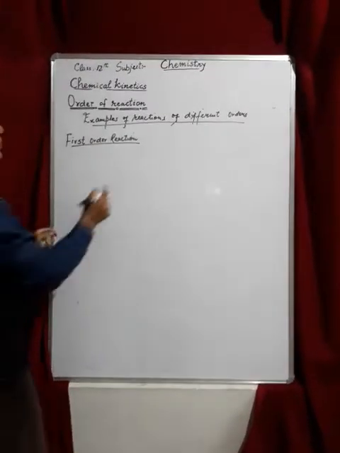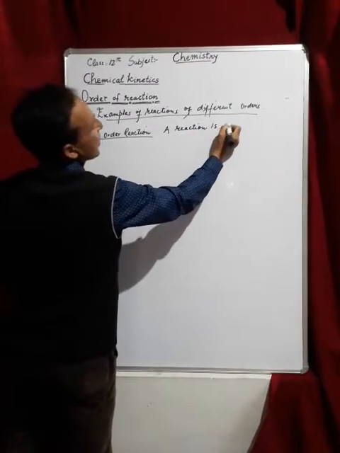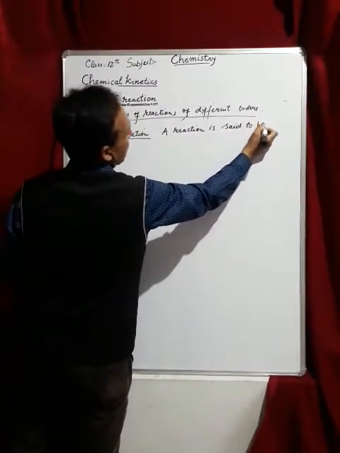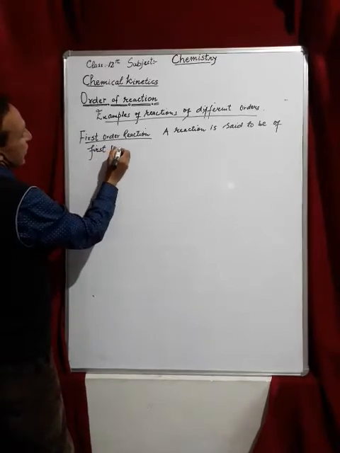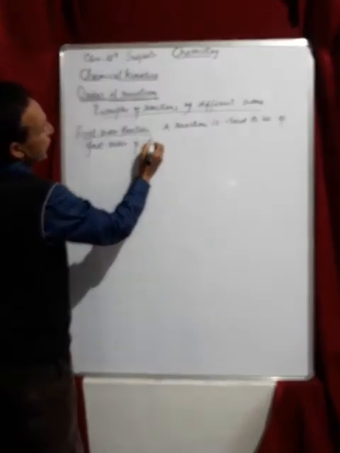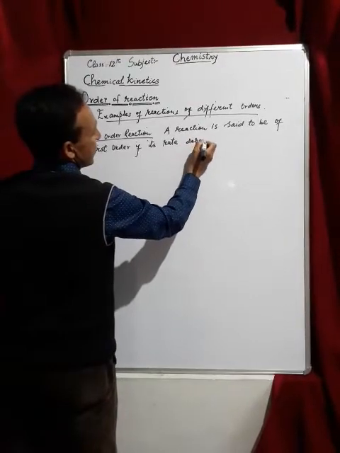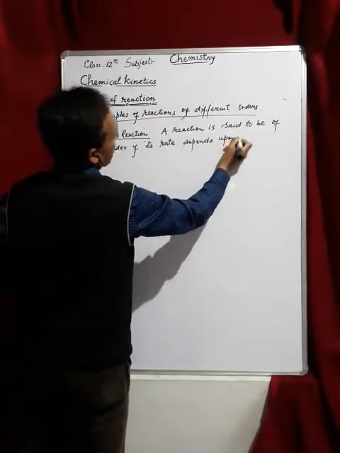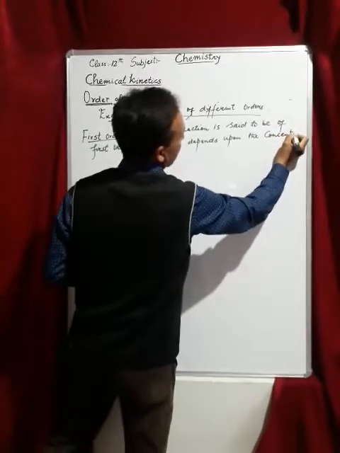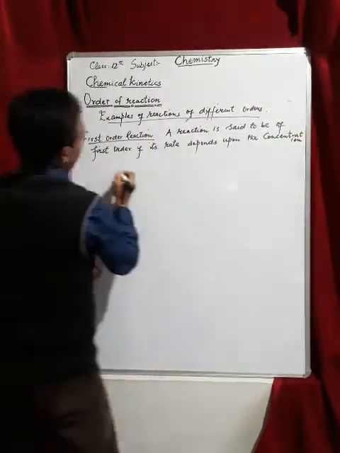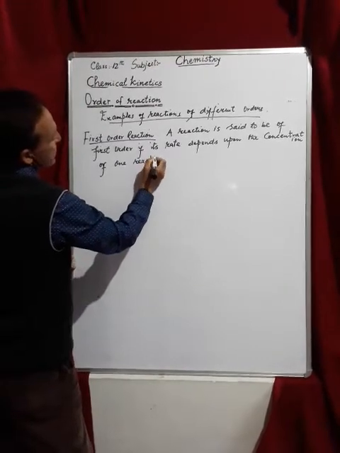First we will define it again. A reaction is said to be of first order if its rate depends upon the concentration of one reacting species.